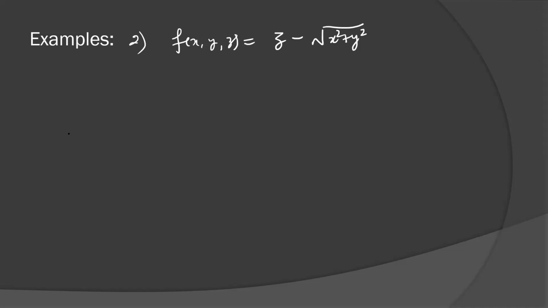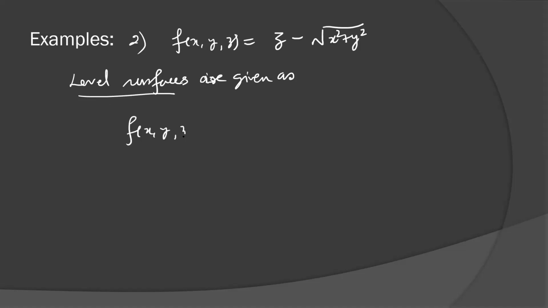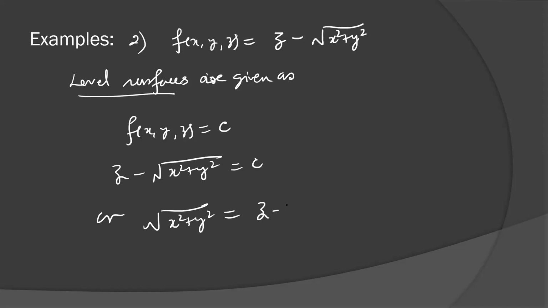So what will be the level surfaces here? The level surfaces are given as, because for different values of C you will get many surfaces, so I am representing level surfaces, f(x, y, z) equal to C, so z minus root of x square plus y square equal to C, or root of x square plus y square equal to z minus C, or x square plus y square equal to z minus C whole square.